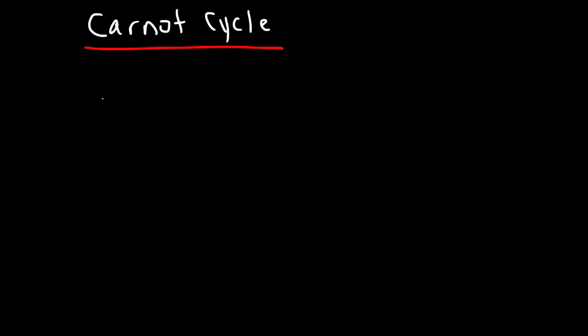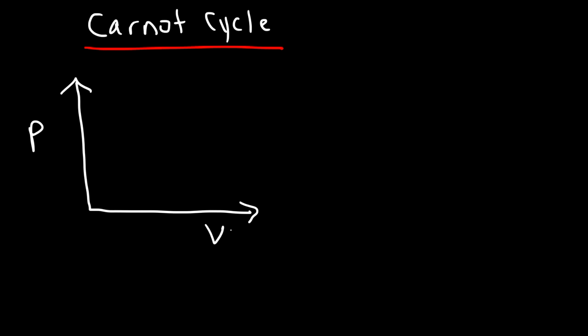Now let's talk about the Carnot cycle. So what we're going to do is draw a PV diagram. And so we're going to put pressure on the y-axis, volume on the x-axis. And so there's 4 steps. The first step is an isothermal expansion.